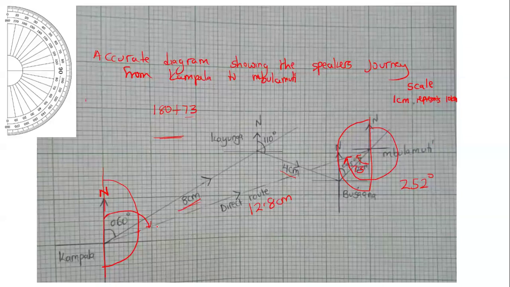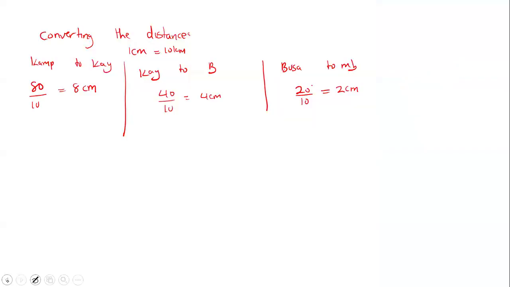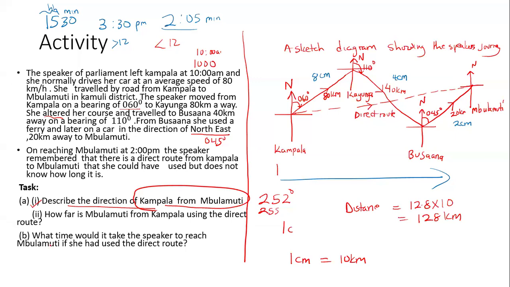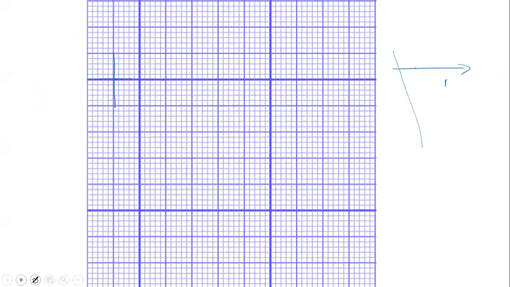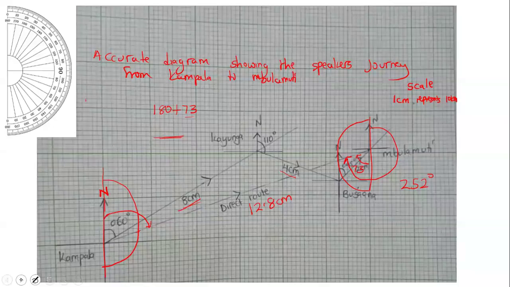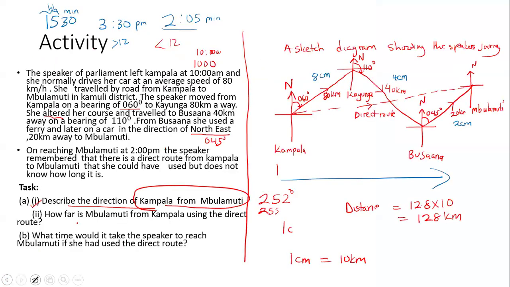Patricia. As we go to the next part, I want to ask, how did you get 045 degrees bearing from Busana to Bulamuti? Here. Are you seeing this one? Northeast. So we say that when you have your compass like this, this is north and this is east. How many degrees do we have from north to east?